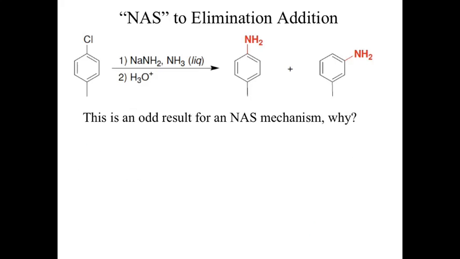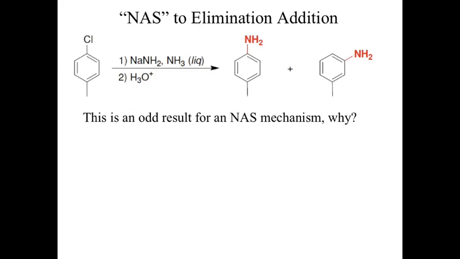So, someone started to play around with this some more just to see what was going on, just a little fun. When they added another substituent to that chlorobenzene structure, and they looked at the products, they noticed kind of an odd result.